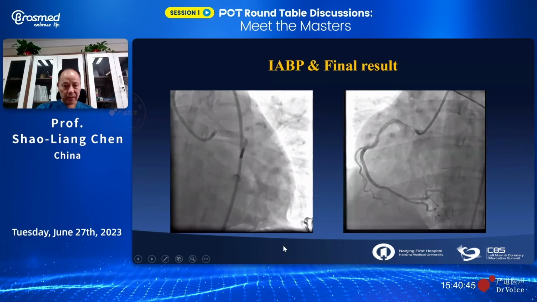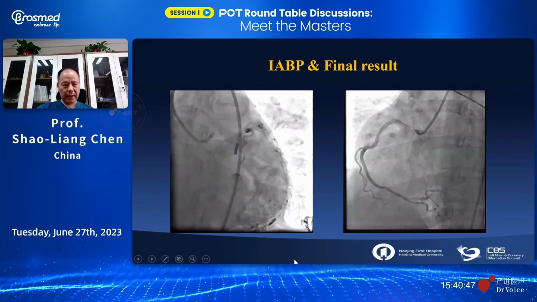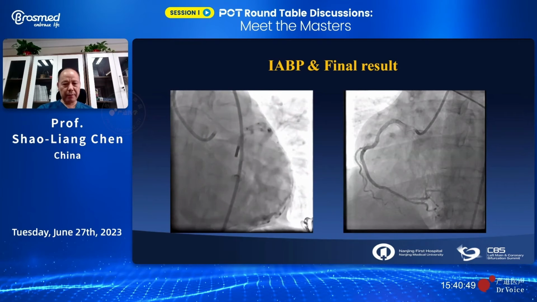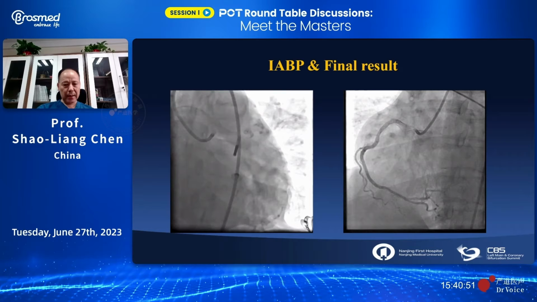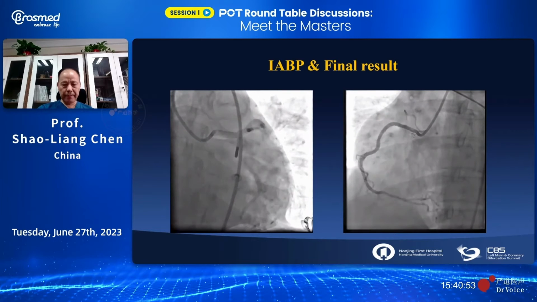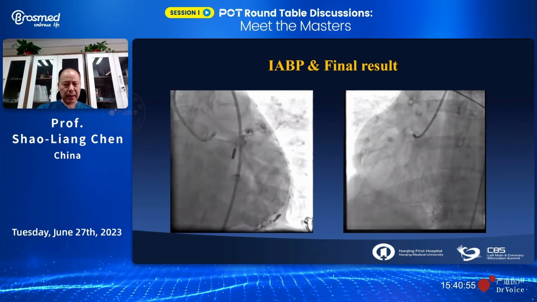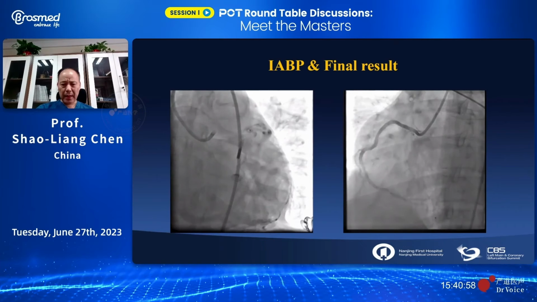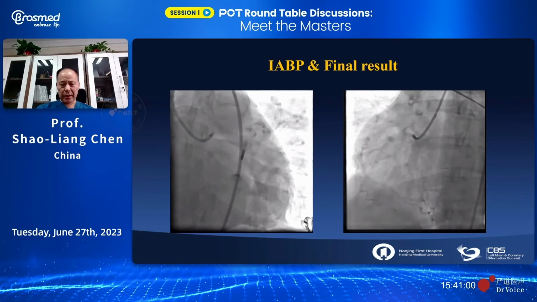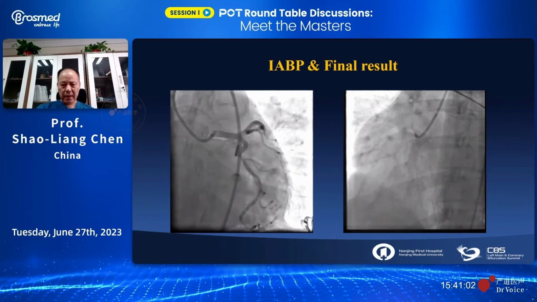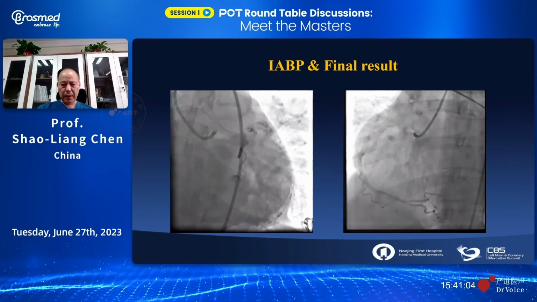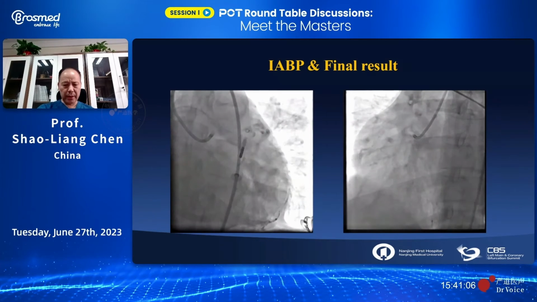After that, from the angiography, you can see an IABP was implanted, and the heart rate was almost 90 BPM, and the right angiography showed normal TIMI flow in the right coronary artery.